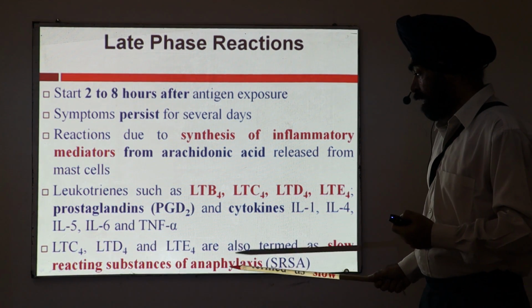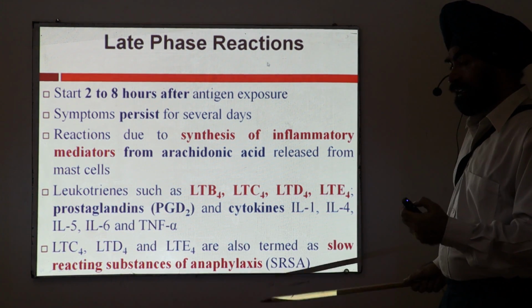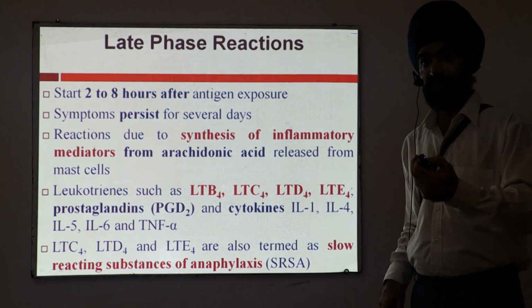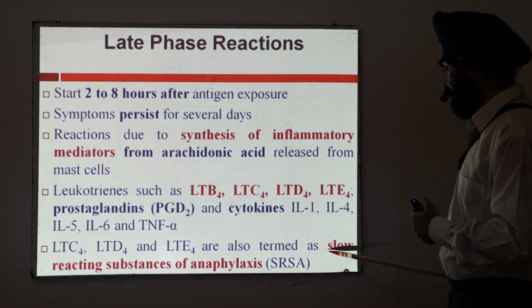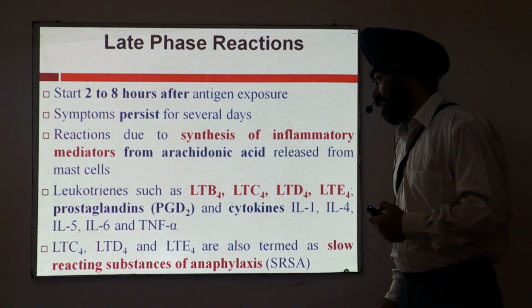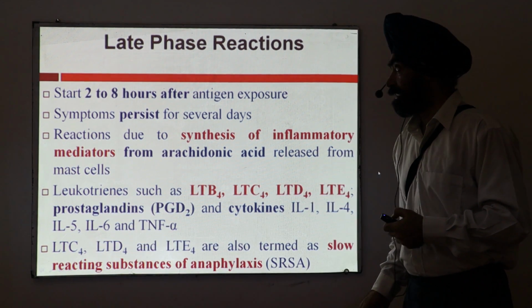I will tell later on. If it is anaphylaxis, primary mediators come first, then secondary mediators come later. That is why they are called slow reacting substances of anaphylaxis. But it is an older term. Now they are called leukotrienes.